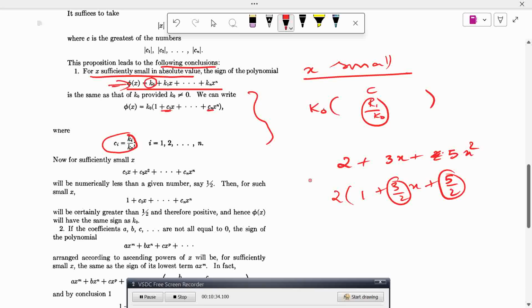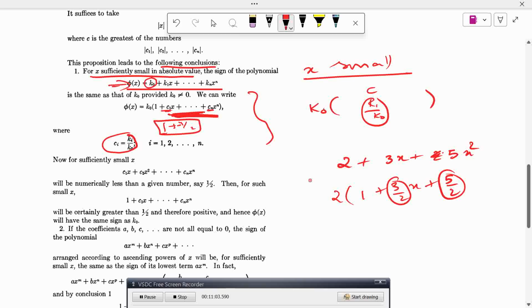So consider this term only. As x is very small, these terms are less than 1. So 1 plus a smaller number, even if it is minus, this term will still remain less than or equal to 1, right?